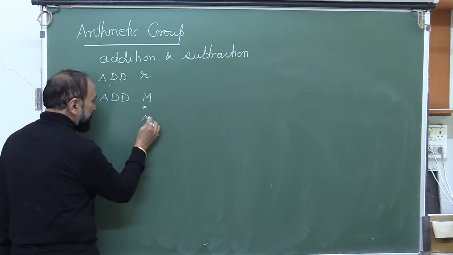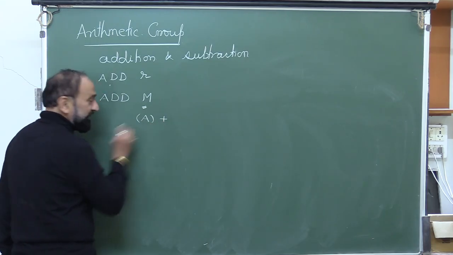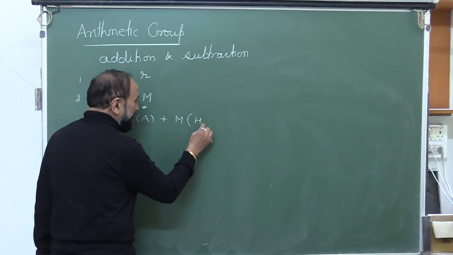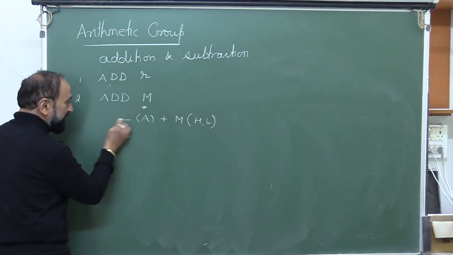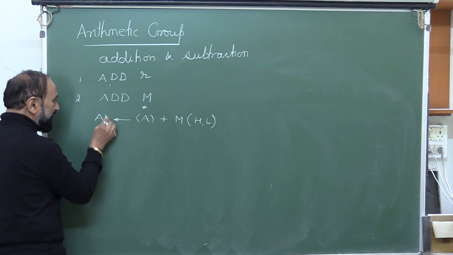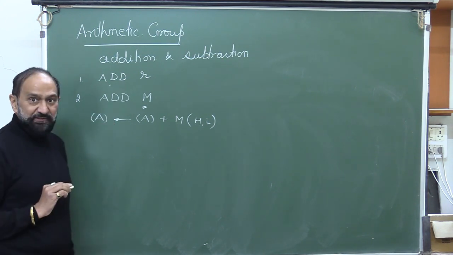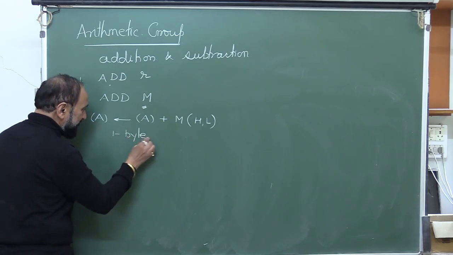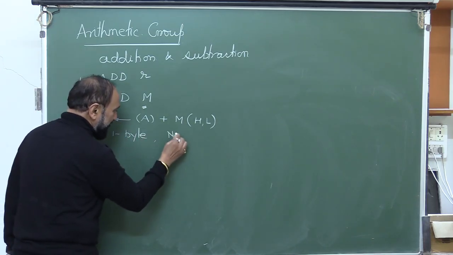So the meaning of the instruction is add the content of accumulator with the memory pointed by HL register pair and store the result back into accumulator. This is also a single byte instruction, but no variation.